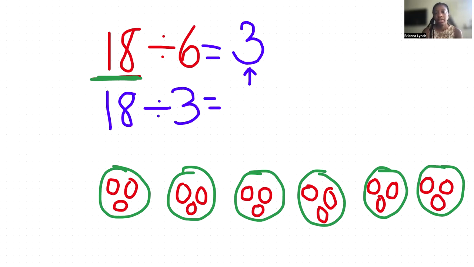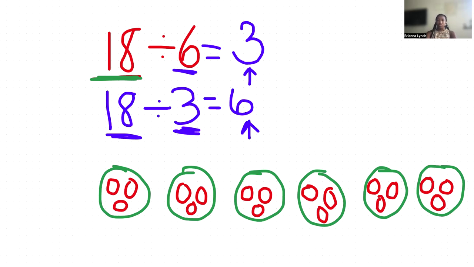It would equal 6, right? This time, I would have 18 apples, but I have to split it with only 3 of us, including me and my 2 friends. We split the apples between us. Each person is going to get 6 apples in their basket. That's all that is saying.